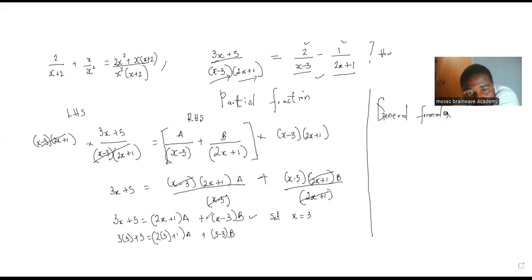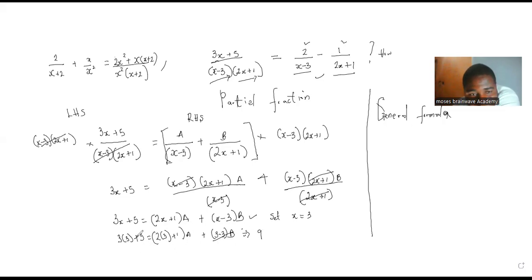So technically, we are intuitively trying to eliminate b because 3 minus 3 is 0. So b here will be gone. So what do we have now? We have 3 multiplied by 3 should give us 9.